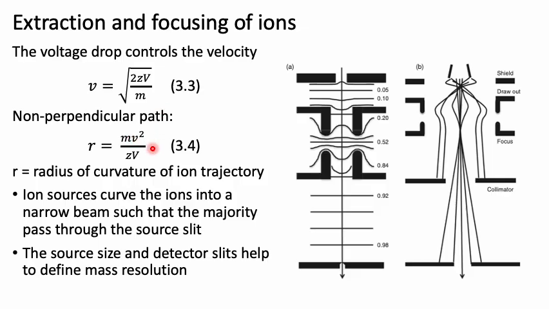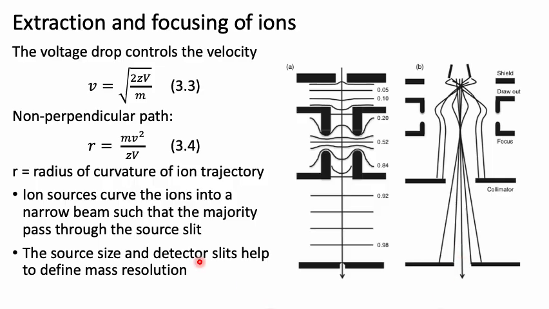Some of the ones that are deflected, of course, hit the sides of the detector or they hit the slits, but for a large percentage of them, we want as many of them as possible to be focused into a central beam. And we can see here, this is actually the focal length, and then they have some spread after that. But you try to focus as many of them as possible, so that they can pass through what we call the source slit.